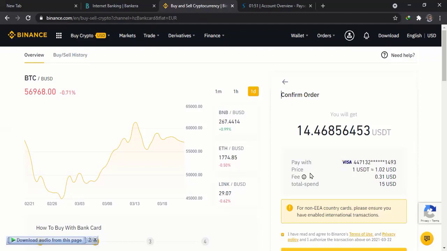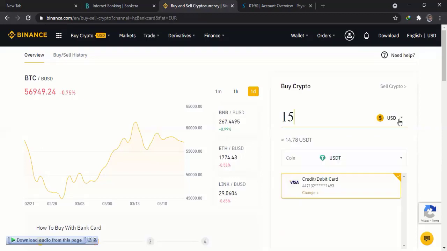And this is because you're buying it at 1.02 dollars to one Tether. So that's a 2% margin, which is not bad at all. Then there's also a fee of 31 cents. So all these factored in, this is how much Tether you're going to get. And one Tether is one-to-one to the dollar, bear that in mind.